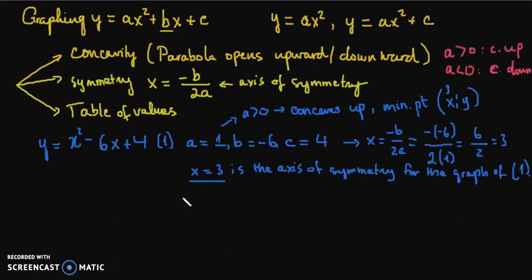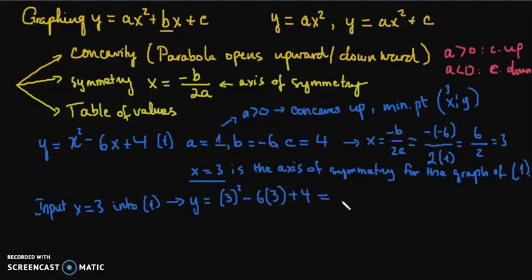Inputting x equal to 3 back into function 1, we would have y equal to 3 squared minus 6 times 3, plus 4. 3 squared is 9, minus 6 times 3, which is 18, plus 4.